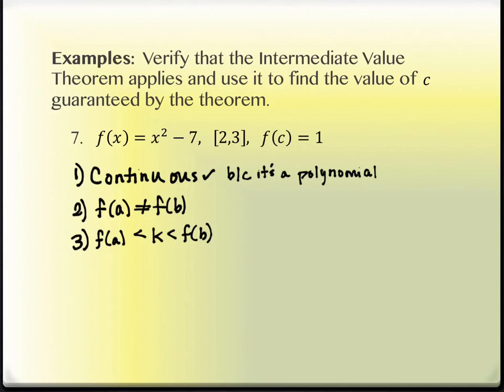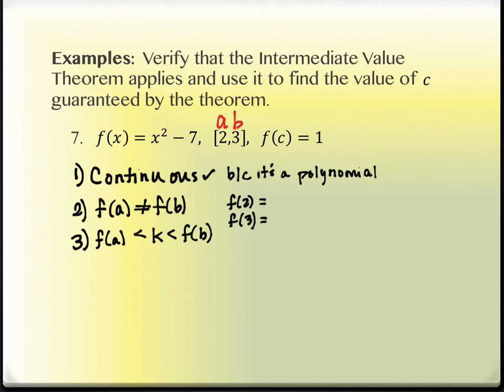The second one is that f of a does not equal f of b. Well, the a and the b in this problem are right here. And I don't need to know that a does not equal b. I need to know that f of a does not equal f of b. So in particular, I need to find out what is f of 2 and what is f of 3, and I need to verify that they don't actually match.